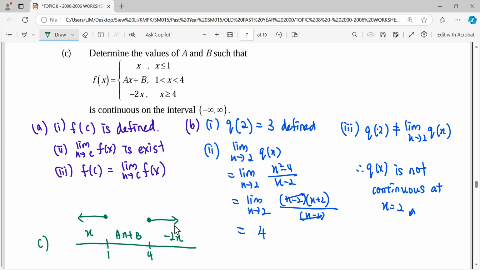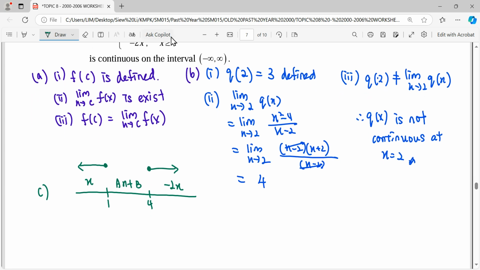Then you need to find the values of a and b such that this function is always continuous on the interval from negative infinity to infinity. When it is said that this interval is continuous, it means this function is supposed to be connected to this function, and this function supposed to be connected to this function, for the whole interval from negative infinity to infinity.